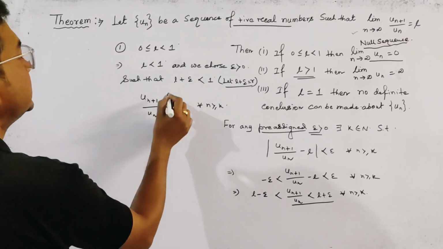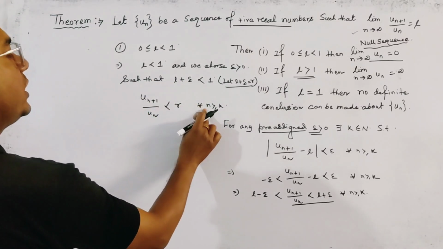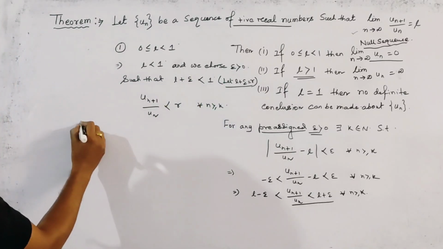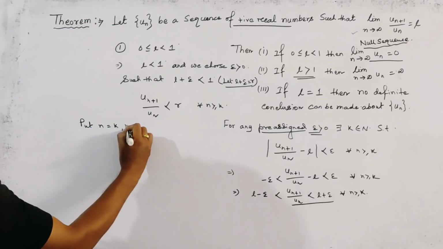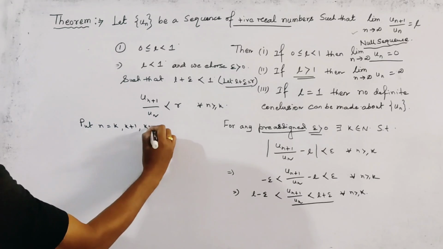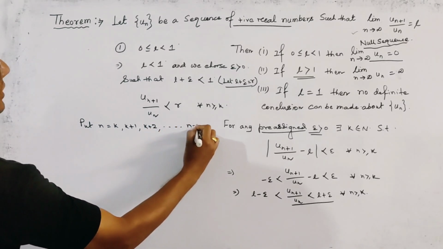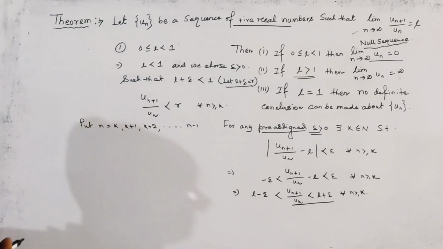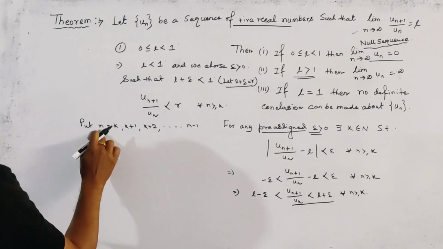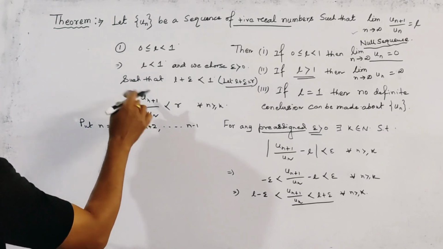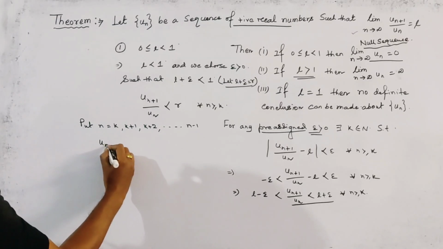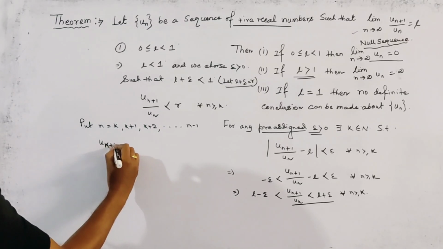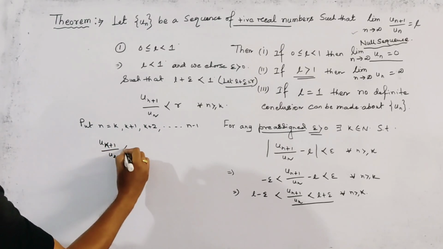Now since this result holds for all n greater than or equal to k, we put n equal to k, k plus 1, k plus 2, up to n minus 1 in this relation, one by one. By putting n equal to k, we get uk plus 1 by uk less than r.